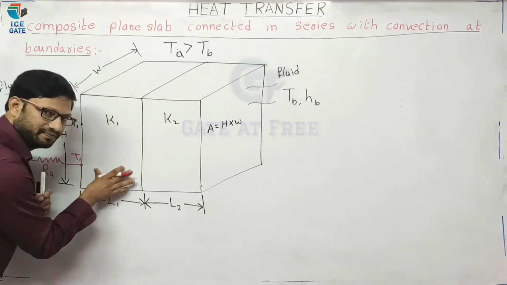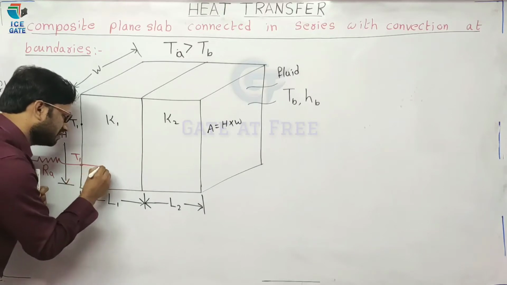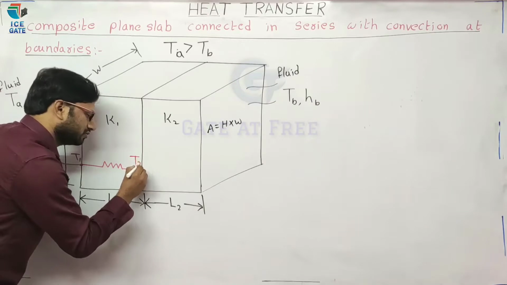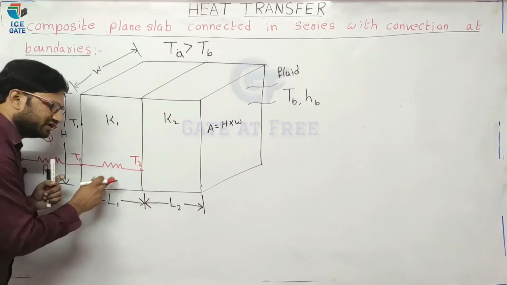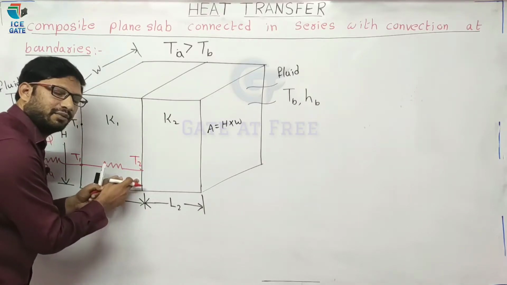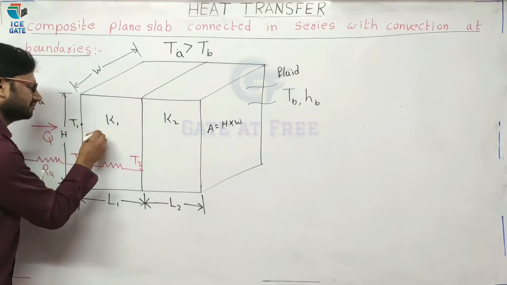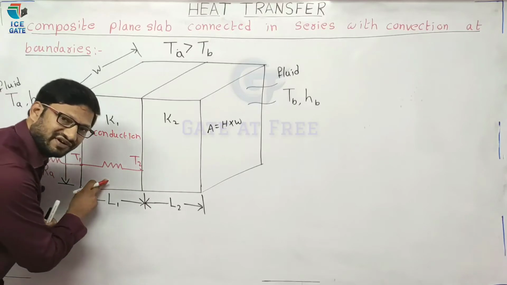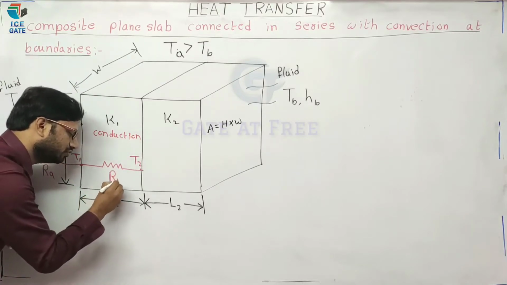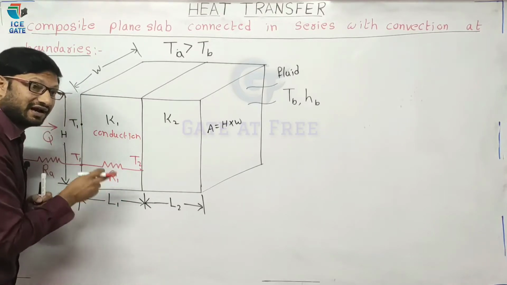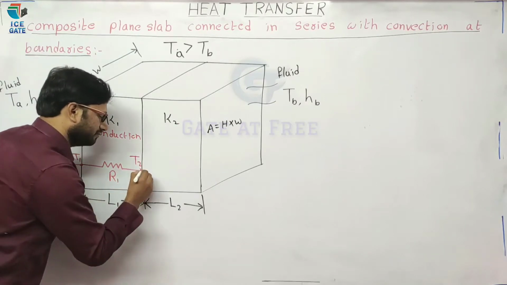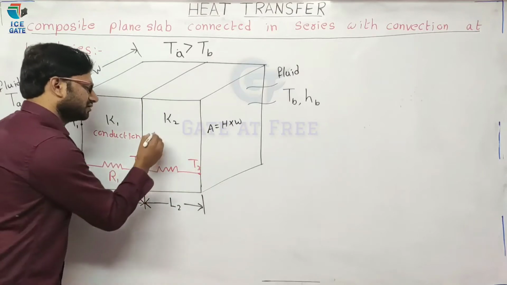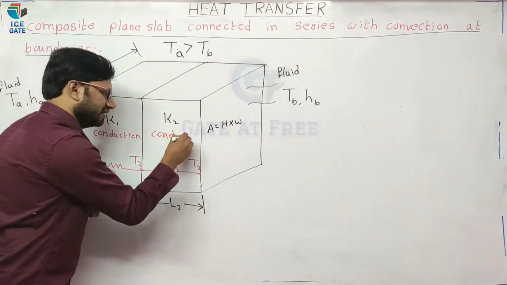Now in the first plane slab, from T1 to T2, we know that in solid the mode of heat transfer is conduction. Therefore the type of resistance is conductive resistance. Here R1 is conductive resistance. Next, from T2 to T3, the mode of heat transfer is conduction.